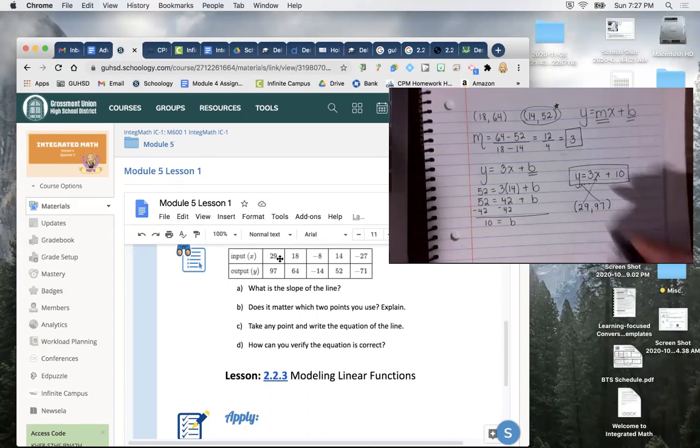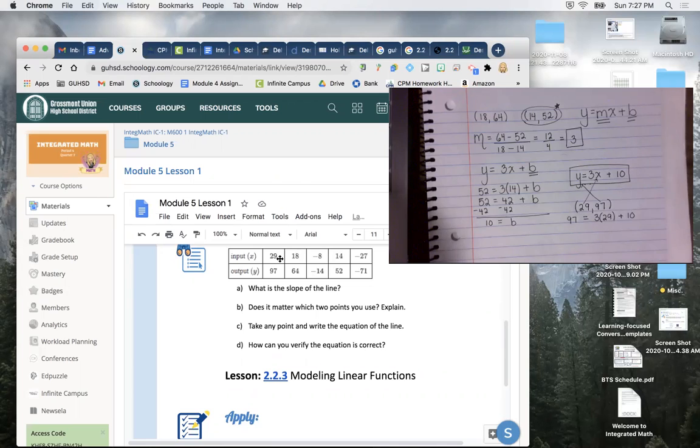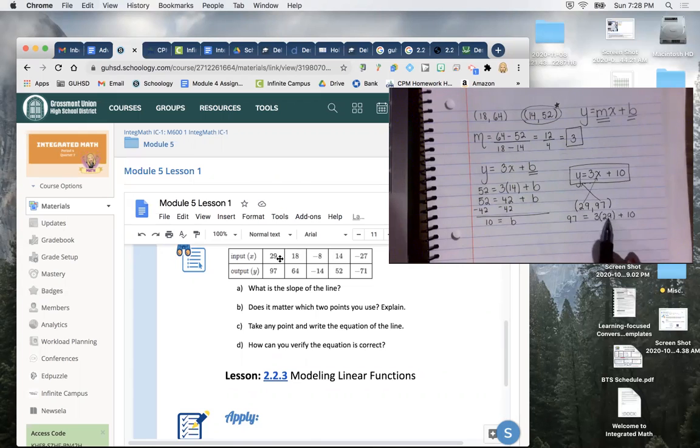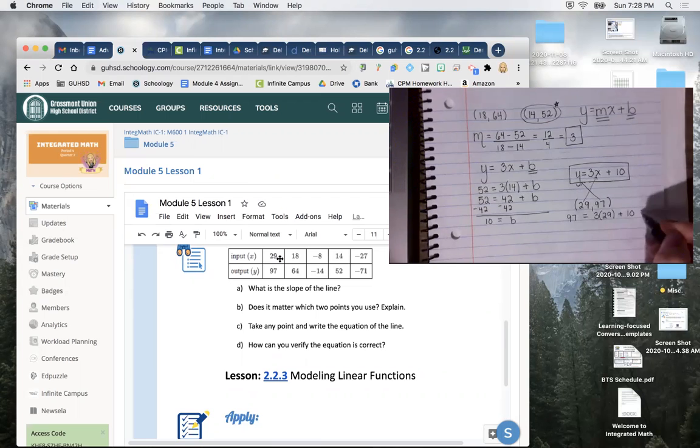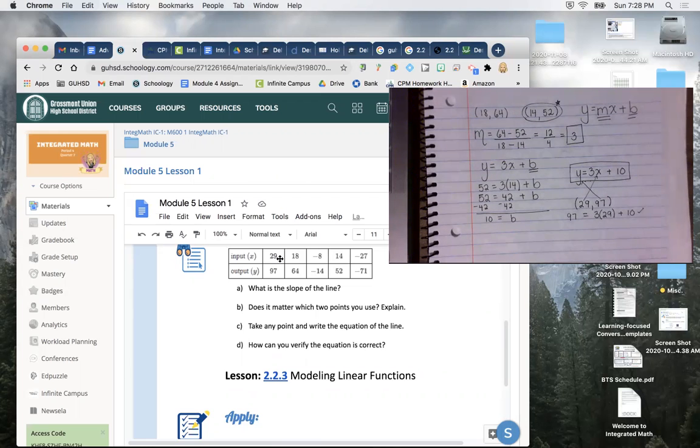So we have 97 is equal to 3 times 29 plus 10. If I did 3 times 30 instead, it would be 90, but I have to take away 3, so it'd be 90, 89, 88, 87. That's the mental math. So 3 times 29 is 87, plus 10 is indeed 97. I just checked it, and it holds out.